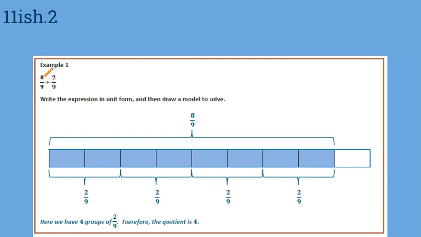What it's saying is I've got 8 ninths, and I want to find out how many groups of 2 ninths I can get. Well, if I've already got them in ninths, do I even care that they're ninths? No, because really it's the same thing as doing 8 divided by 2. So since I have the same denominators, I can just use the numerators to solve.